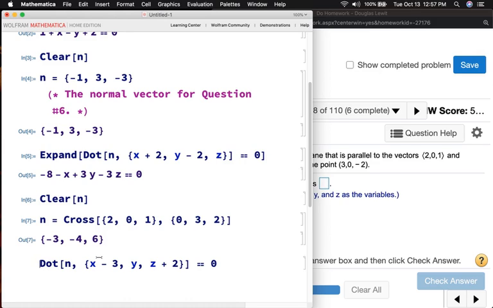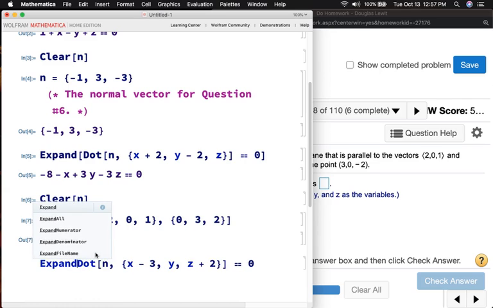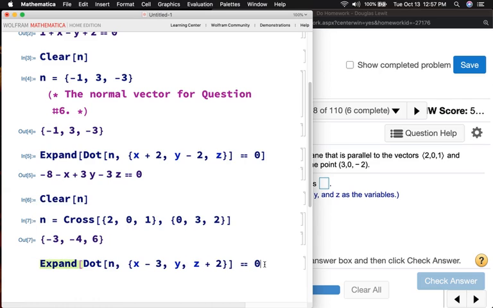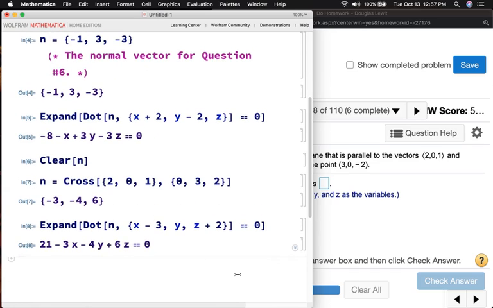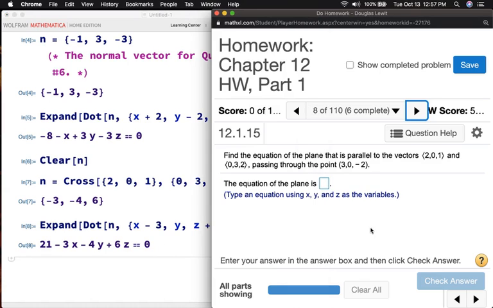Sorry about that. Expand. So we have negative 3x minus 4y plus 6z is equal to negative 21. I'm not sure if Pearson will accept this because of the negative.